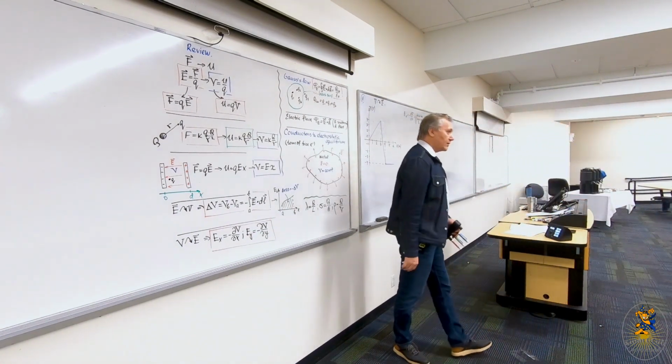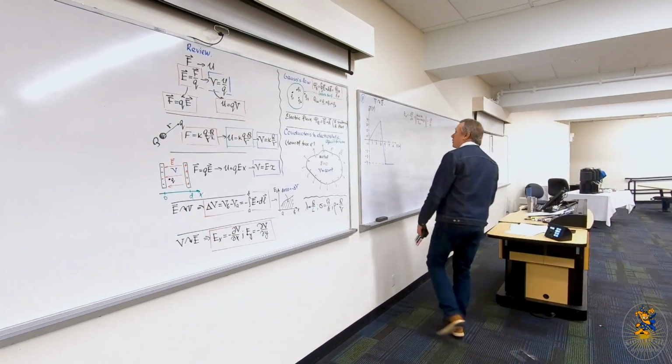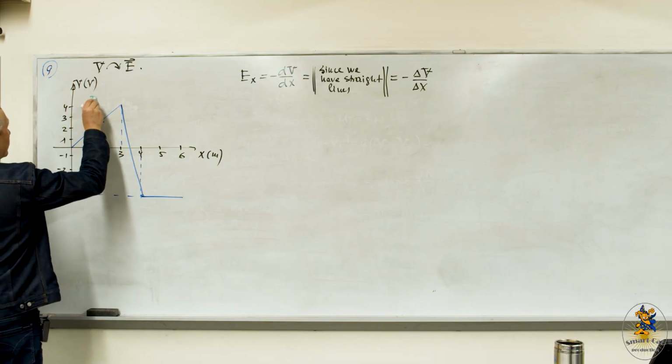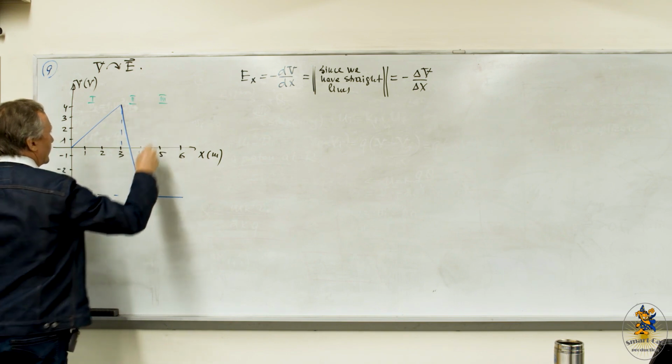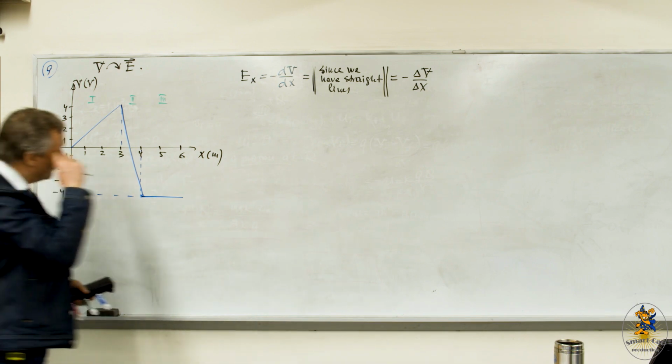So now, let's divide this problem into three regions: region number 1, region number 2, and region number 3, where we have straight lines, because the slopes will have certain values for each of these regions.